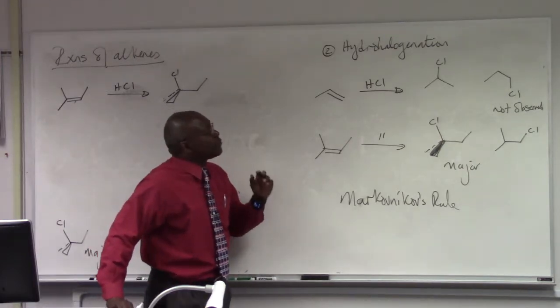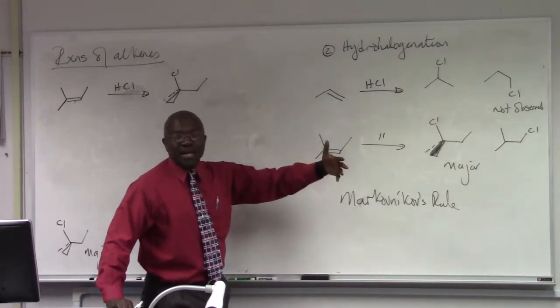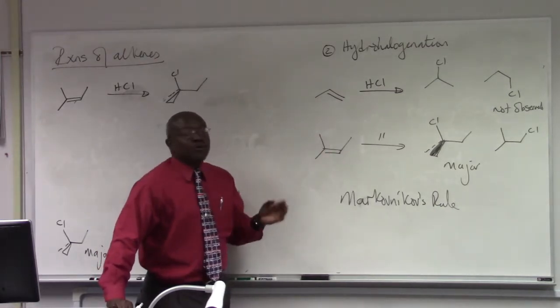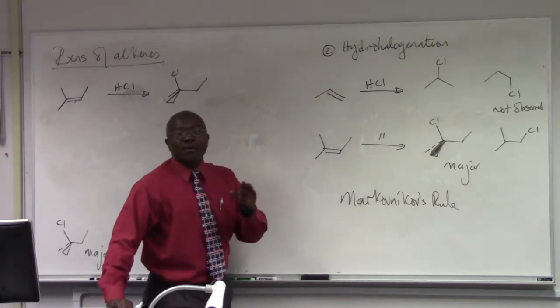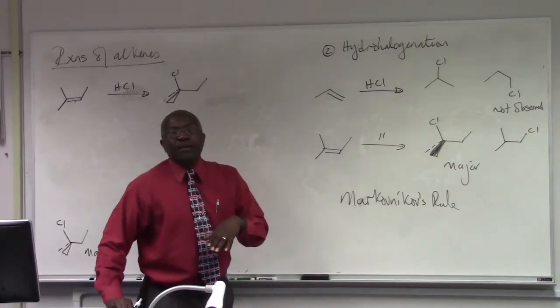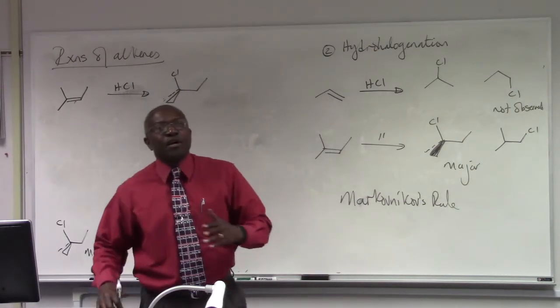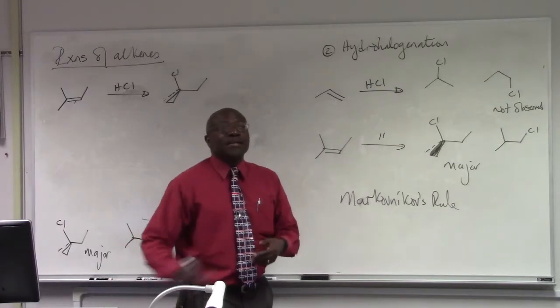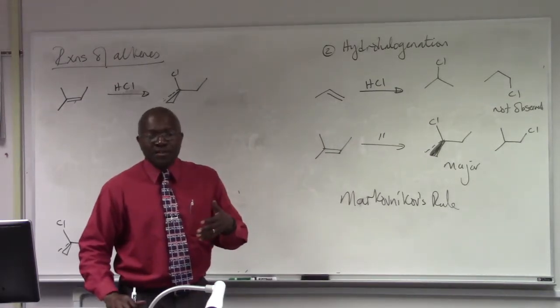And Markovnikov's rule is that in the addition of HX to an unsymmetrical alkene, the H goes preferentially to the carbon having the larger number of H's. So I'll say it again, Markovnikov's rule says that in the addition of HX to an unsymmetrical alkene, the H goes preferentially to the carbon having the larger number of H's.